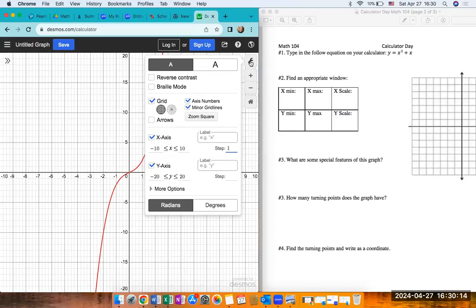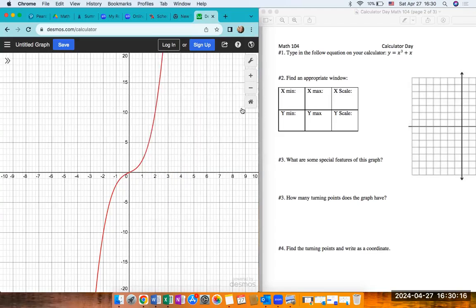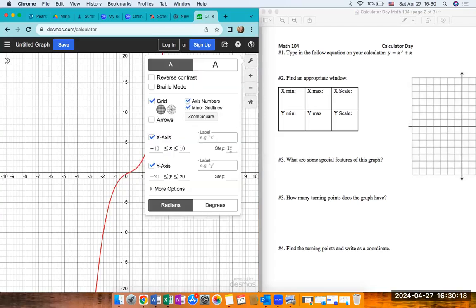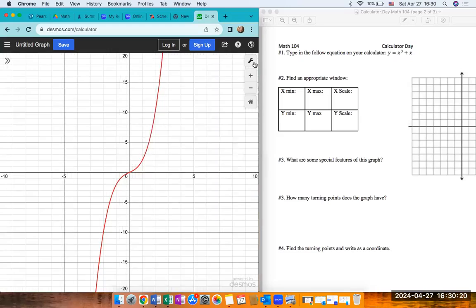Your scale is by how far these tick marks are. So if I were to reset it and I didn't have anything here, these values here, these ones that are in light gray that have no numerical values to them quite yet, these are just the between values. So from 0 to 1, 1 to 2, 2 to 3. So they're going up by ones.